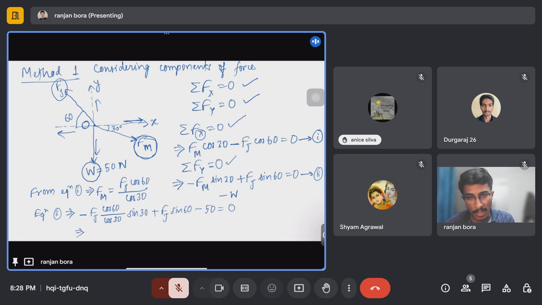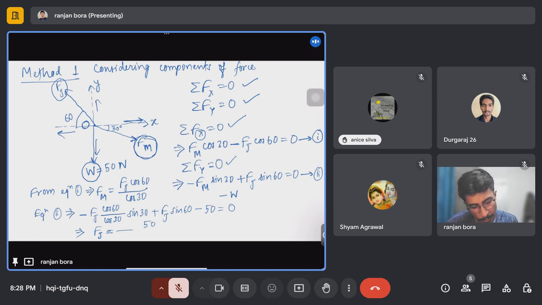Now we have this equation, and what is the unknown in this equation? Only unknown is Fj, so we can find out Fj.